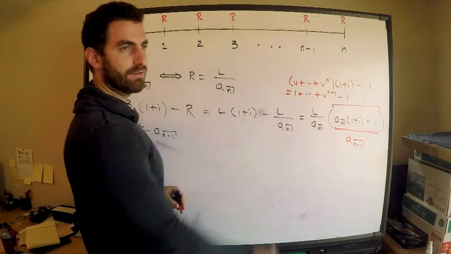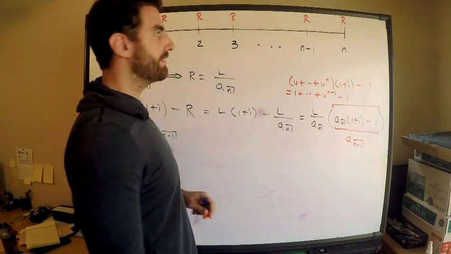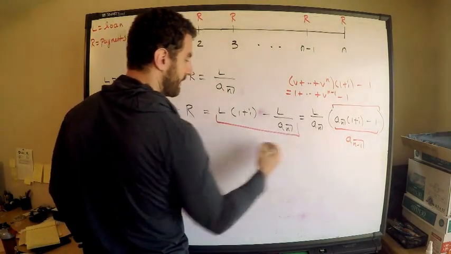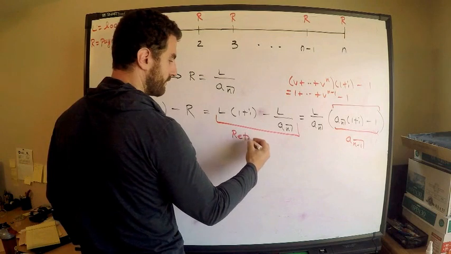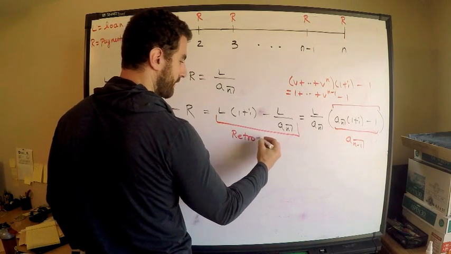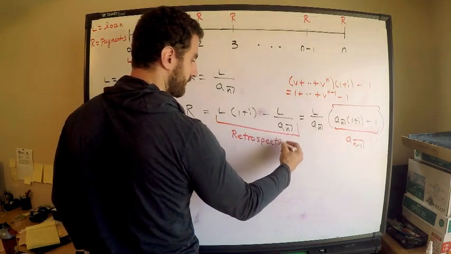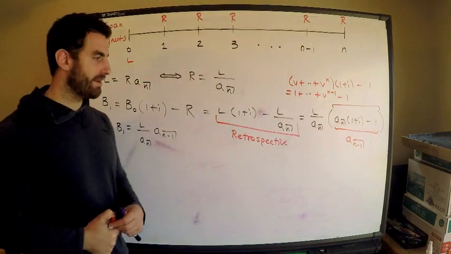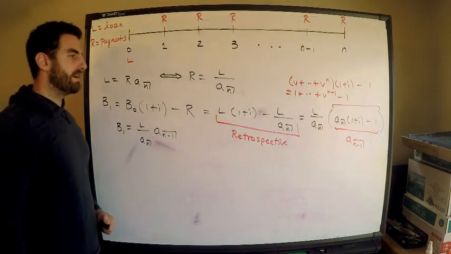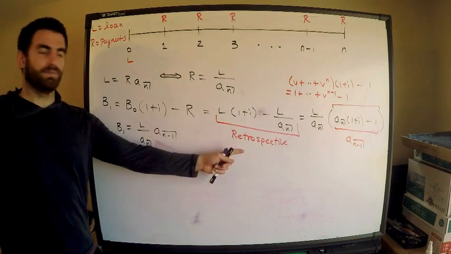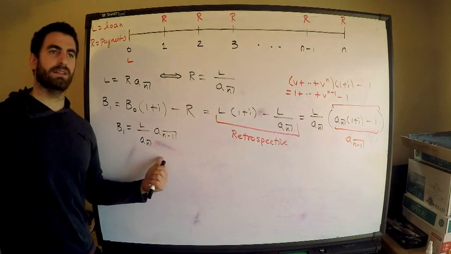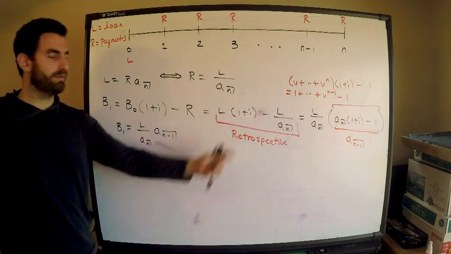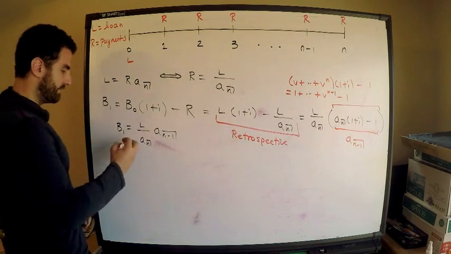Did I use future payments or previous? I used previous. This is what is known as the retrospective method, and I hope I spelled that right. Spelling is not my strong suit. And what we've actually gotten to is the prospective method, and this is what usually the formulas are given in terms of, although this may be convenient at times. So this is the prospective.